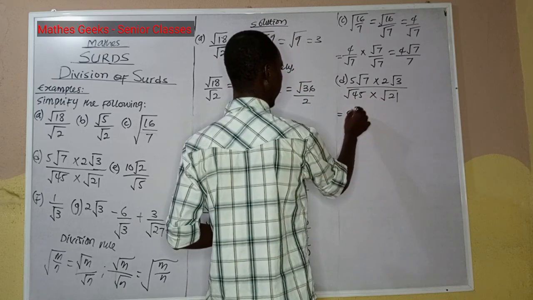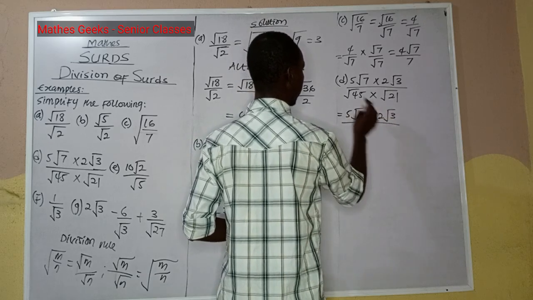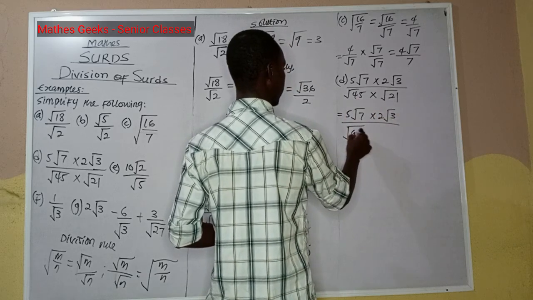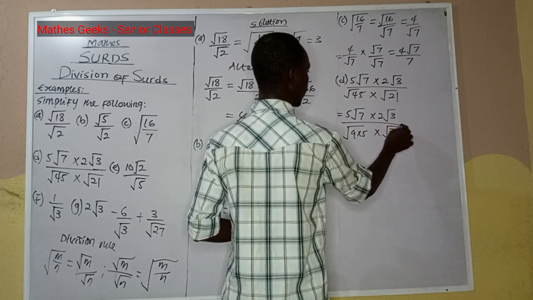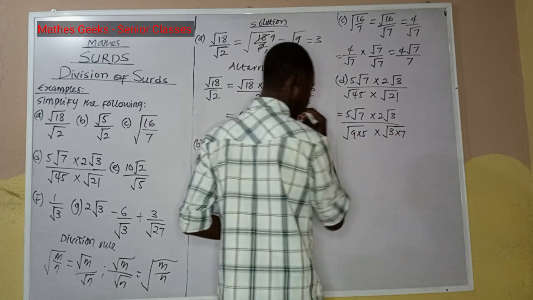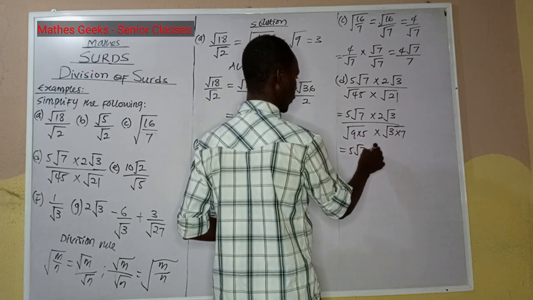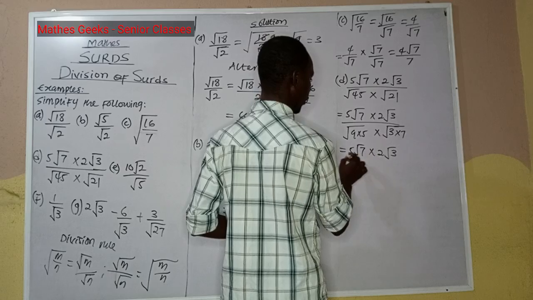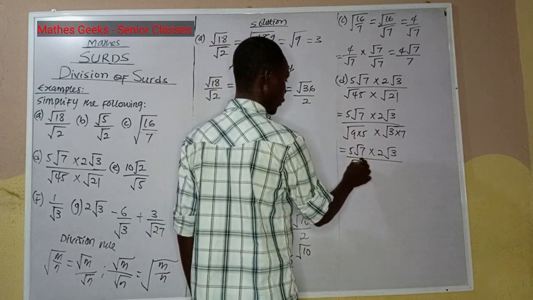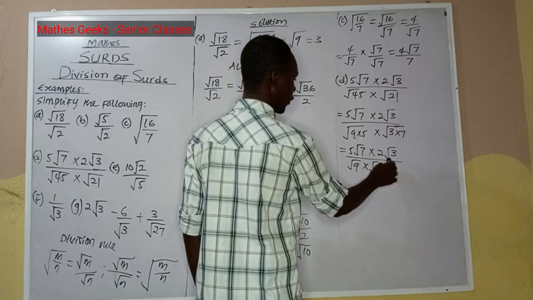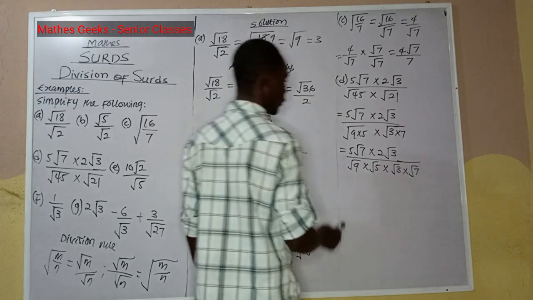This will give us 5 root 7 times 2 root 3 over, this will give me 9 times 5 times 3 times 7. And of course, this will give me 5 root 7 times 2 root 3 over root 9 times root 5 times root 3 times root 7.